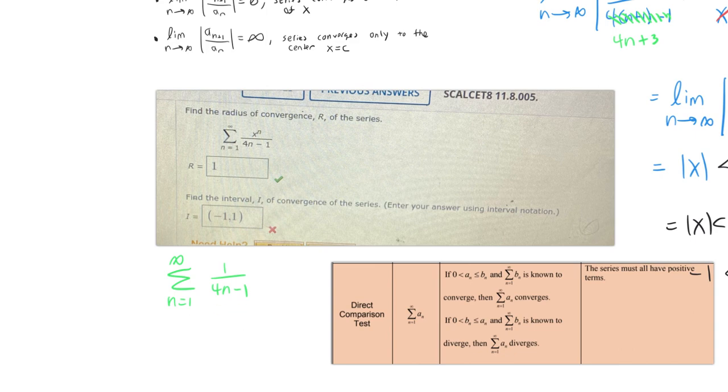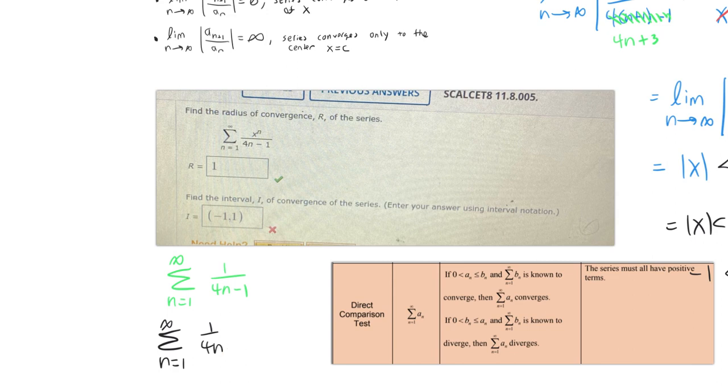And if it turns out that the smaller expression that's somewhat similar to this diverges, then that means this has to diverge, okay? So that's mentioned here. So we're going to find a b sub n that happens to be smaller than our current a sub n, and a good candidate for that would be something like 1 over 4n.